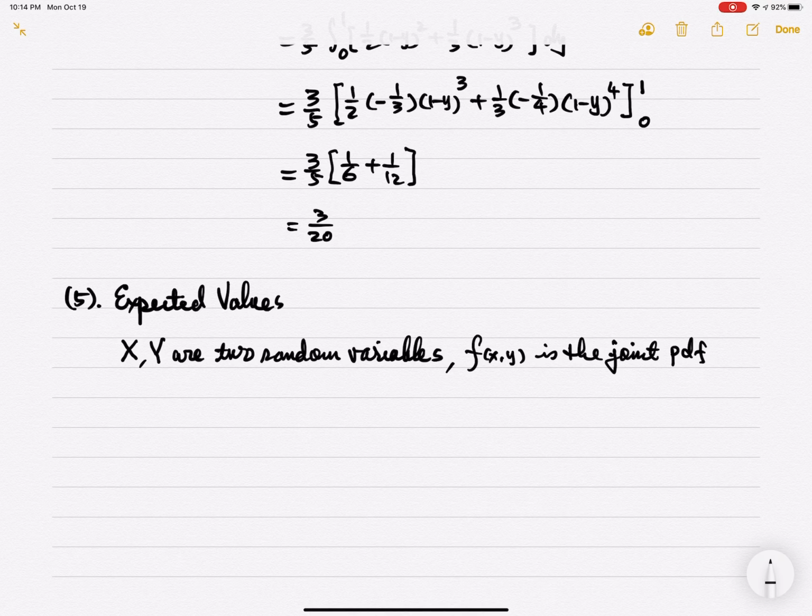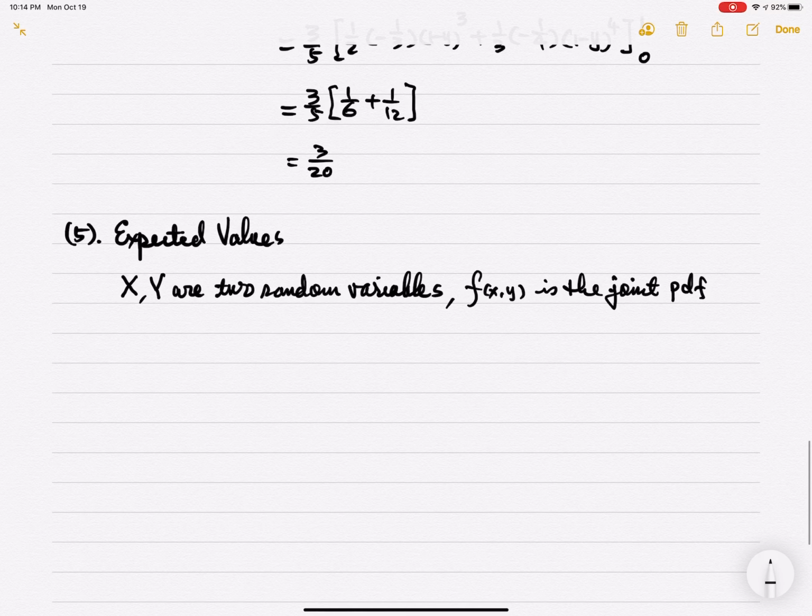Then we say the mean or expected value for x, random variable x, is defined to be mu1. That's equal to this whole region R2, x times f(x,y) dA.